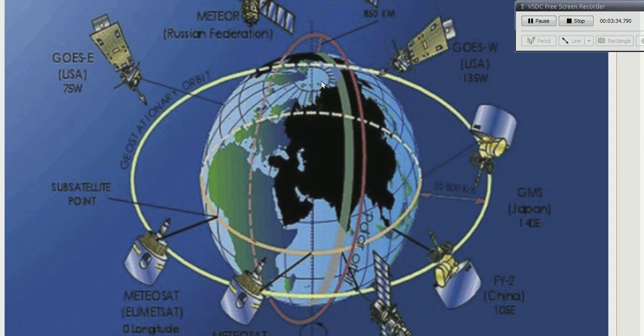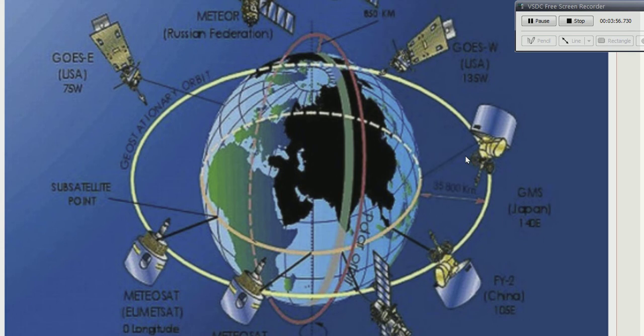I repeat, as you are staying here, suppose at this arrow, as the earth moves you are also moving with the earth. At the same time this satellite is also moving in its orbit, so the distance between you and the satellite remains parallel. So the satellite remains stationary.